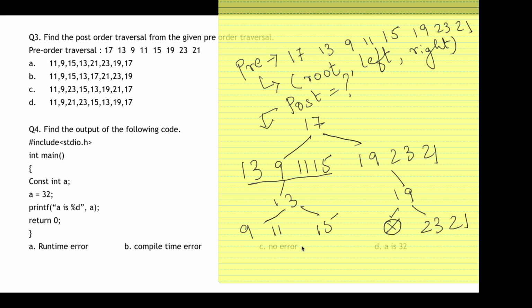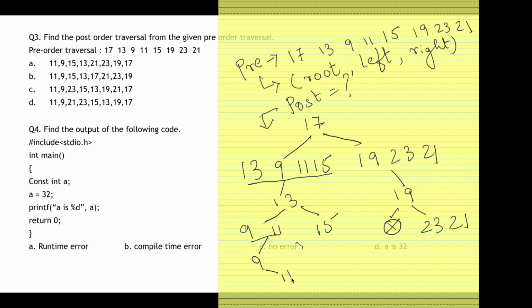Now this one again is in pre-order. So 9 will be the root node, and since 11 is greater than 9, it will be on the right-hand side. Similarly here, 23 will be the root node, and since 21 is less than 23, it will be on the left side.